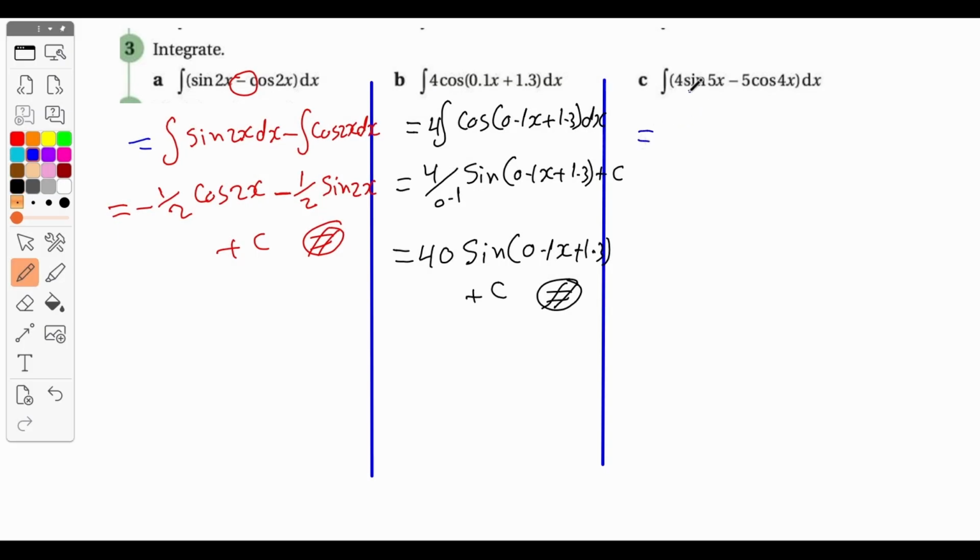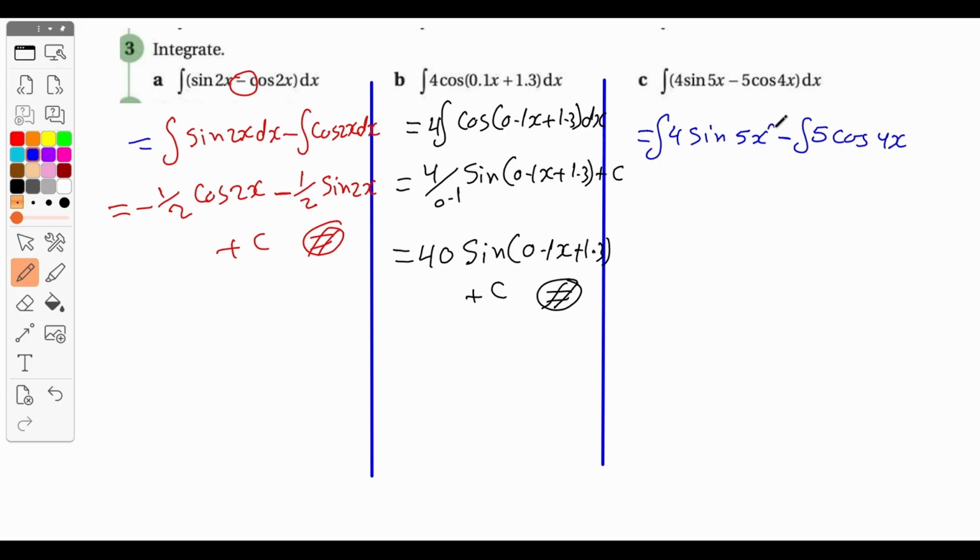Question C. Again, here we have two terms. So we can separate, we can integrate one by one. So this one could be written as the integral of 4 sine 5x minus the integral of 5 cosine 4x, dx.